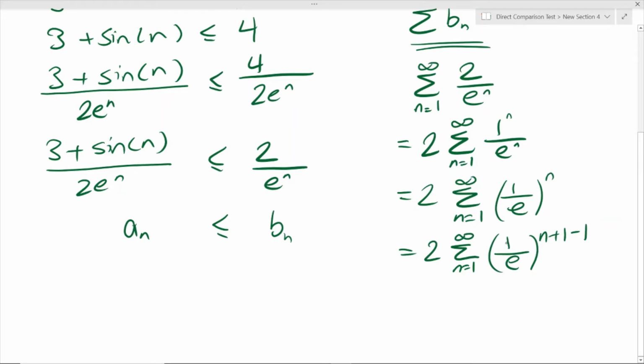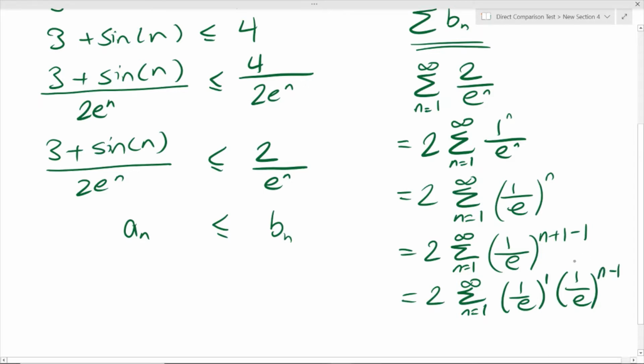So 1 over e to the exponent of 1, we're just going to write that out. So we're going to take this out. This is to the exponent of 1. And according to exponent laws, you can see that this is n minus 1. So we're basically adding the exponents when we do this. So we're kind of like undoing that.